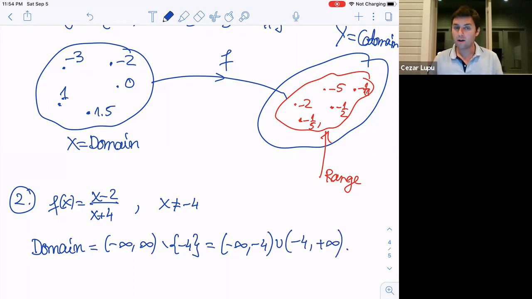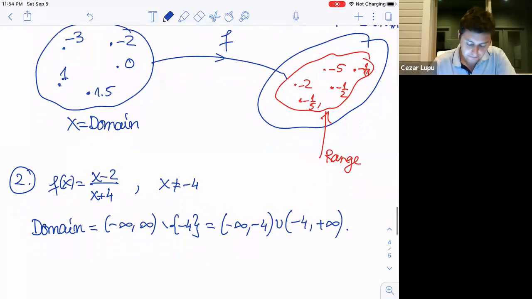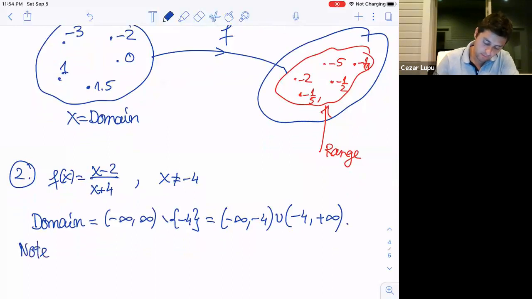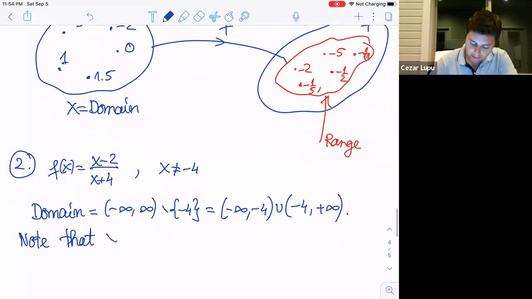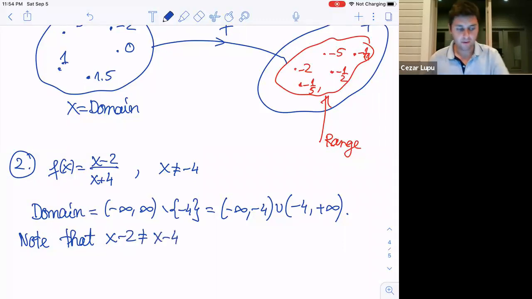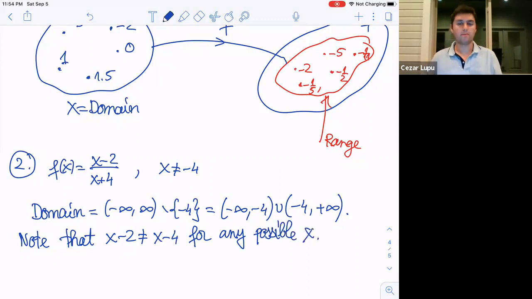And now we need to find also the range of this, right? Note that x minus 2 is different than x plus 4 for any possible x, right?